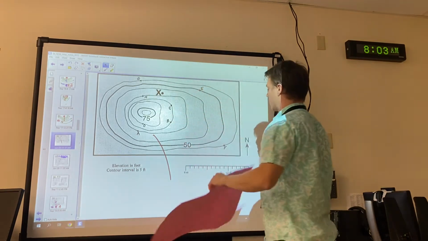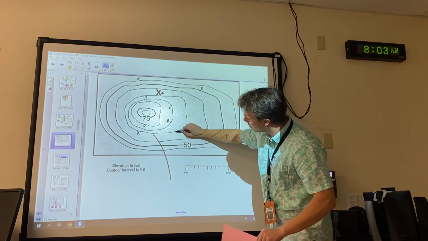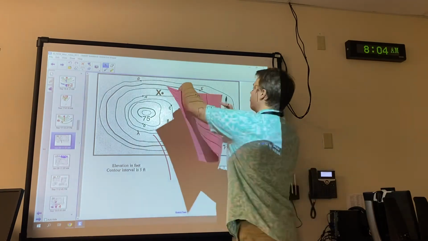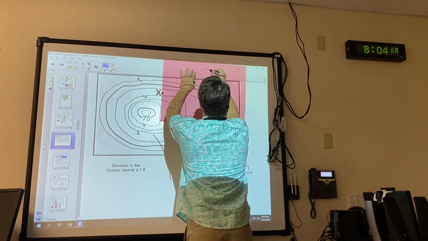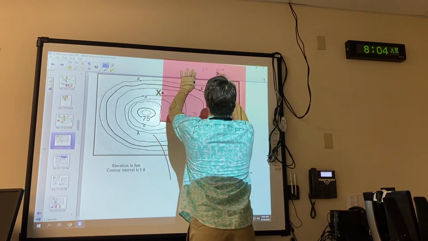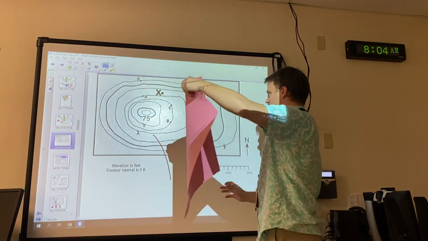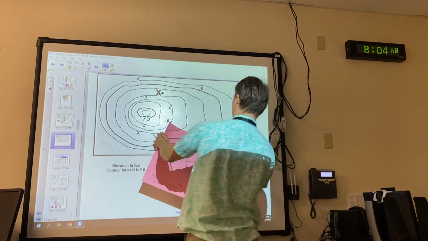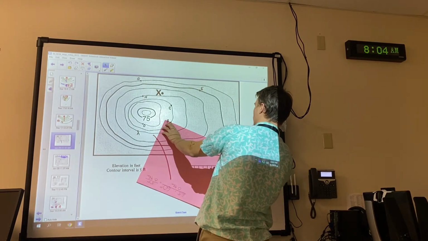And B is going to be, so it's on the inside, so 50, 55, 60, 65. B is going to be an elevation of 65. And this is in feet again. Now we need to divide by the distance between F and B. So I'll take my scrap paper, I'll line it up with the dot for B, I'll line the other side up with the dot for F, and I'll just lightly mark them.